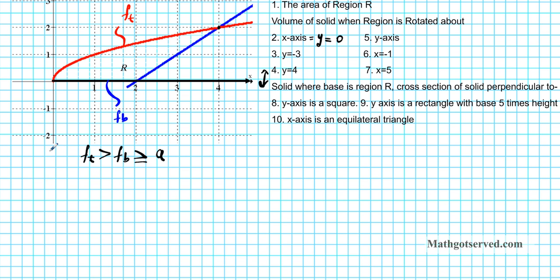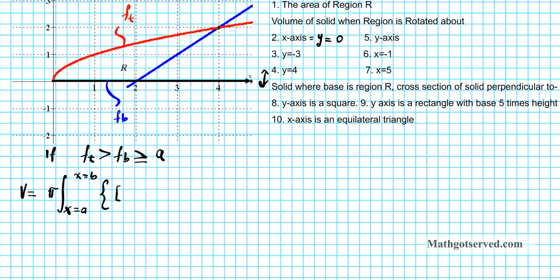If we have this situation, then the volume is going to be pi times the integral from x equals A to x equals B of the function on the top of x. Let me use a blue card here so we can color code what's going on.